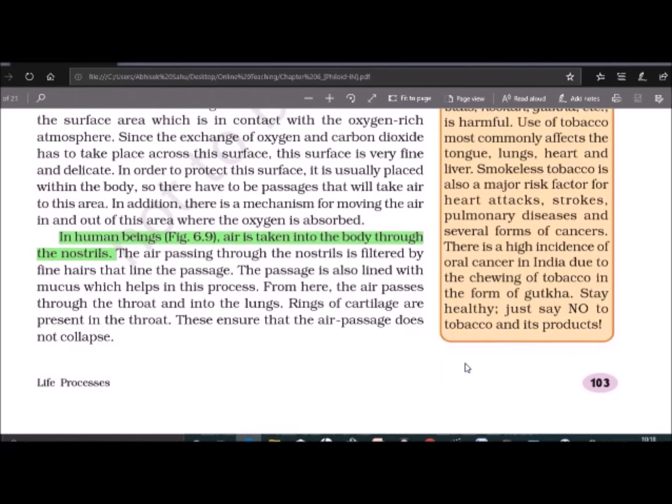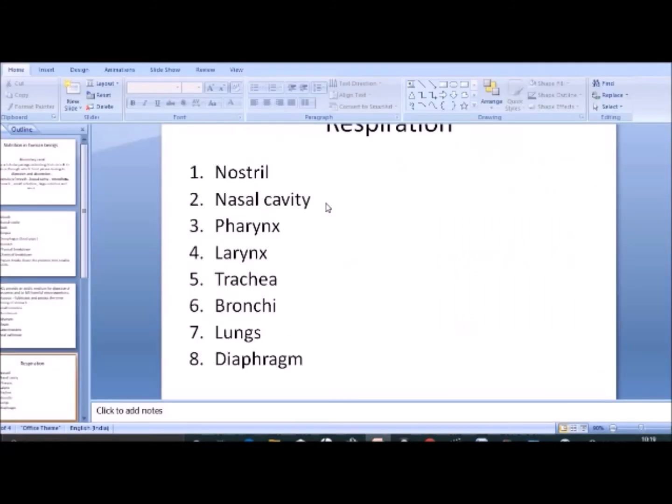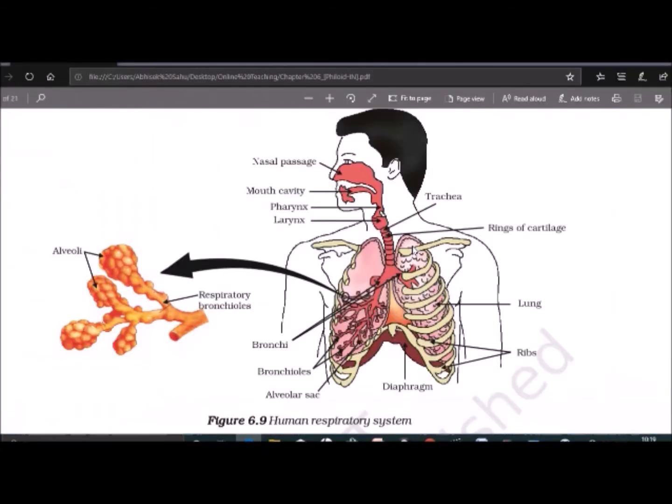In human beings, air is taken into the body through the nostrils. The air passing through the nostrils is filtered by the fine hairs that line the passage. The human respiratory system consists of nostril, nasal cavity, pharynx, larynx, trachea, bronchi, lungs, and diaphragm.